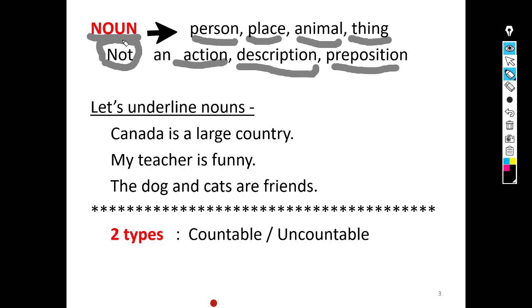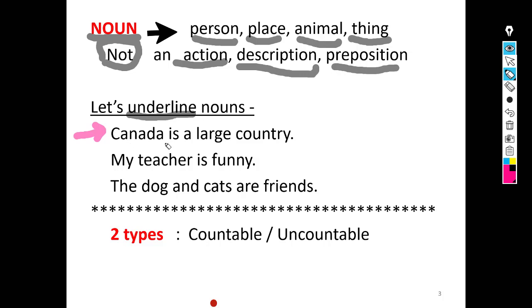Well, actually, first let's do something together. Let's underline nouns in these examples. Let's start. This is my first sentence. My first sentence is Canada is a large country. So let's underline the nouns here.